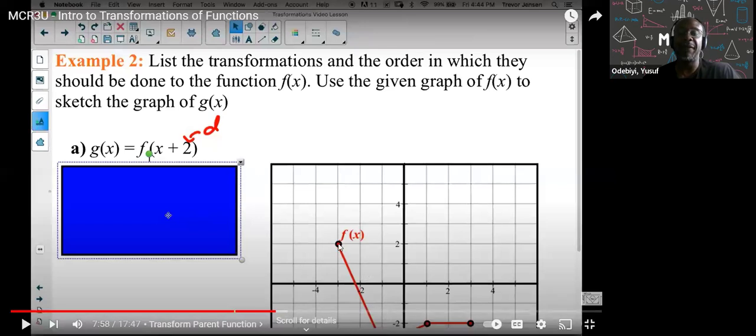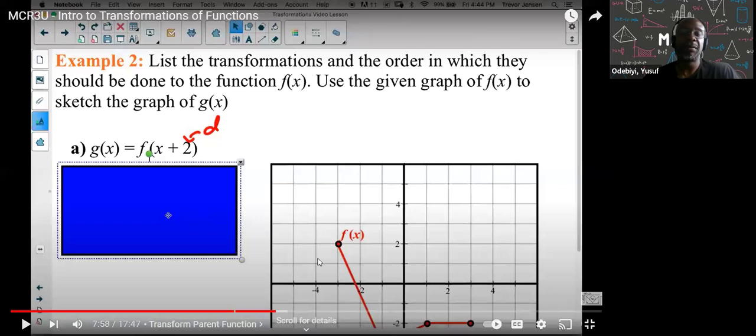So whatever value I have now on the original function, I have to subtract 2 from that number for the X component. So if I'm over here at -3, I subtract 2, that means I'm going further this way. -3 takes me to -5.